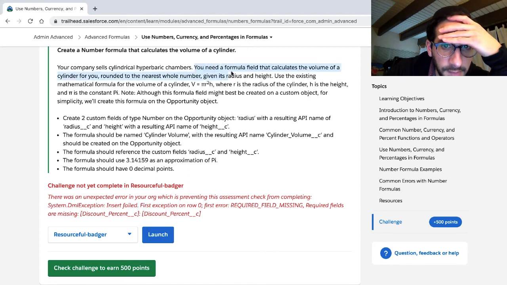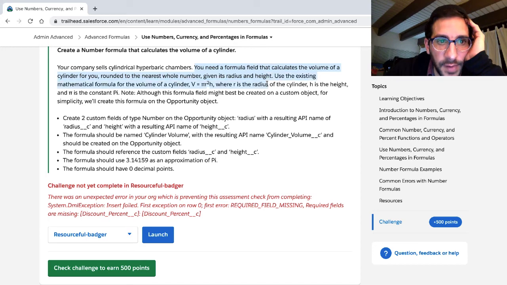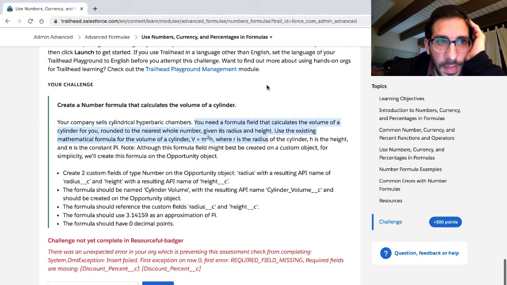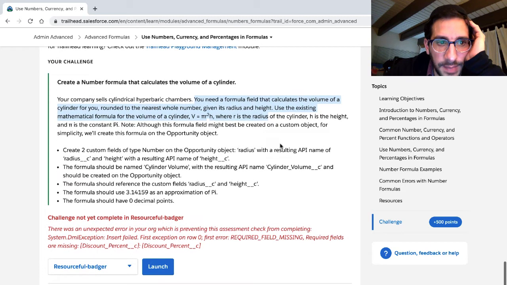You need a formula field that calculates the volume of a cylinder, rounded to the nearest whole number, given its radius and height. Use the existing mathematical formula for the volume of a cylinder, where R is the radius of the cylinder, H is the height, and pi is the constant pi. Although this formula might best be created on the custom object, for simplicity we'll create it on the opportunity object.